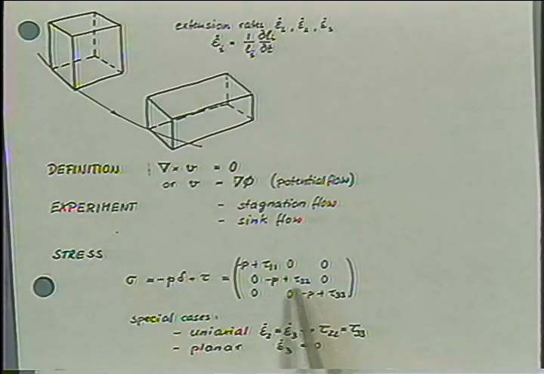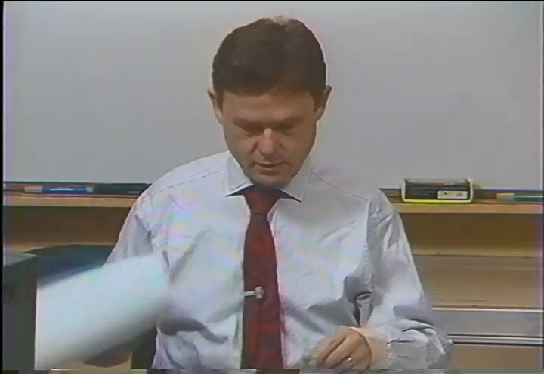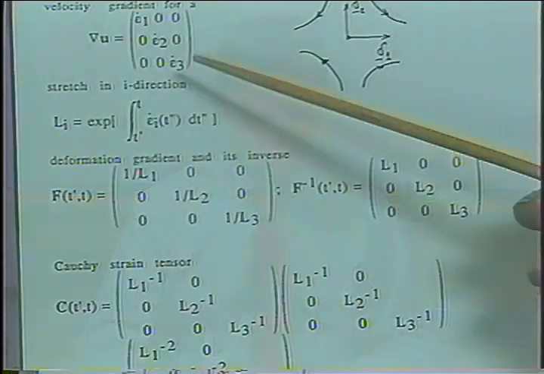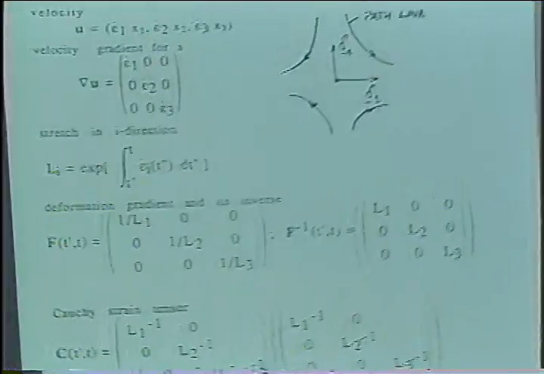The stress components here are the diagonal, and we would like to look at those under different conditions. We would like to measure those, and again we would use the table which we generated for the velocity gradient, deformation gradient, and the Cauchy and Finger strain tensors, nothing specific.